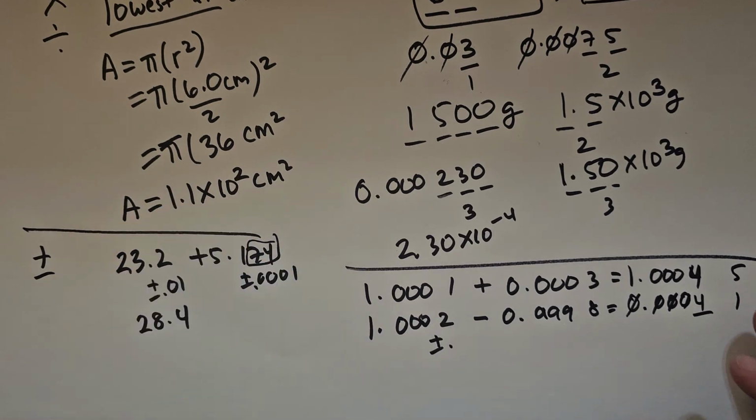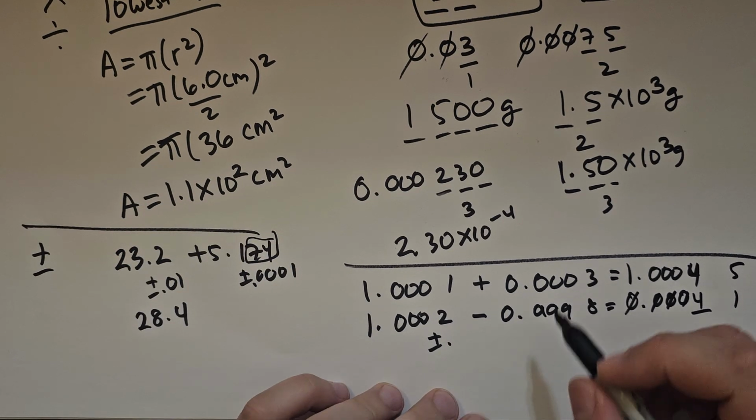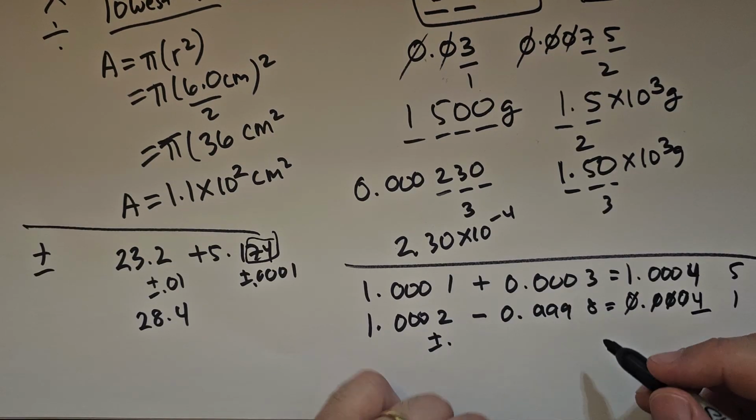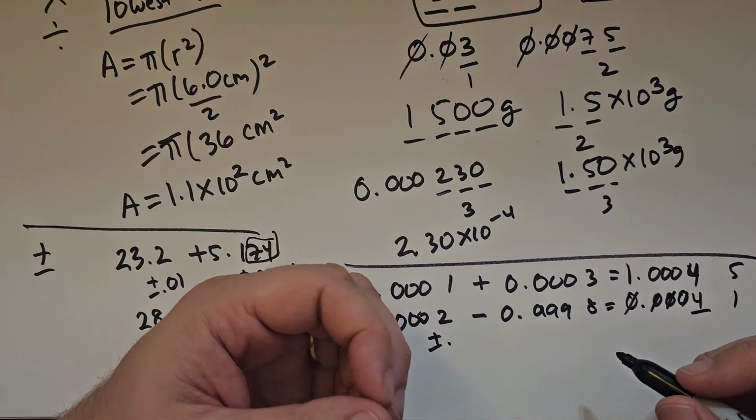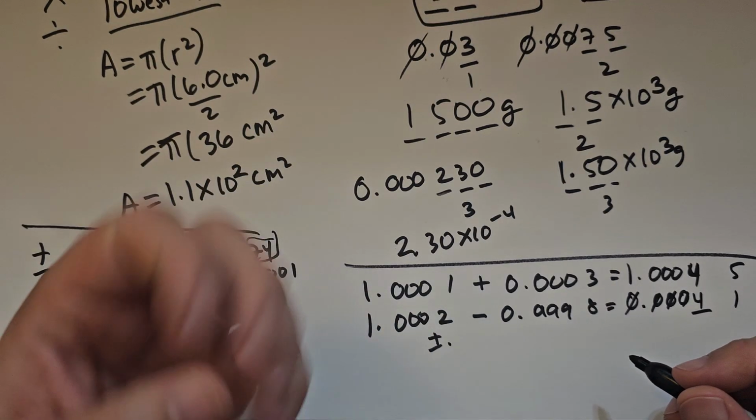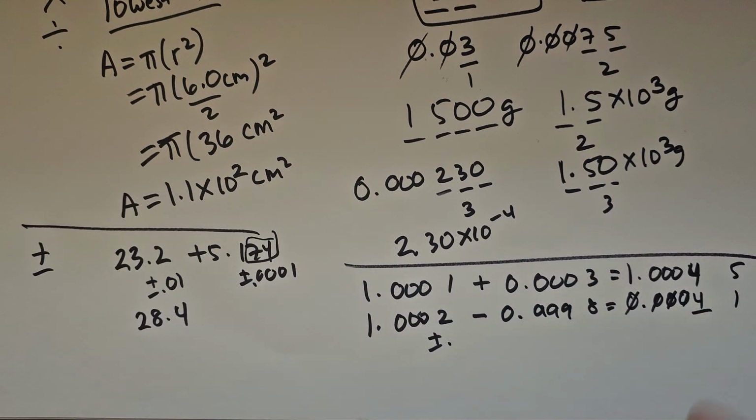There's an issue that arises with rounding. Okay, so if the digit that you're dropping is bigger than 5, you're going to round up. If it's lower than 5, you're going to round down. But if it's equal to 5 and you always round up, you're going to accumulate more and more error and get further and further from the correct answer. And so what they recommend is you look at the previous digit. If it's even, you round down, so you keep the even number.